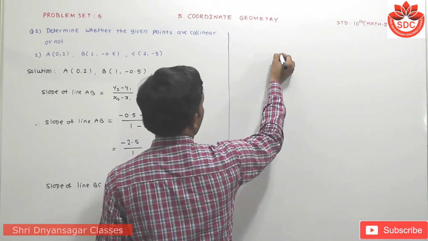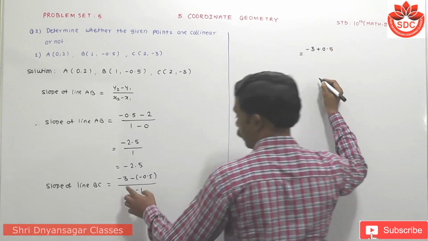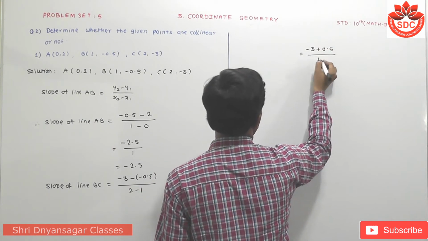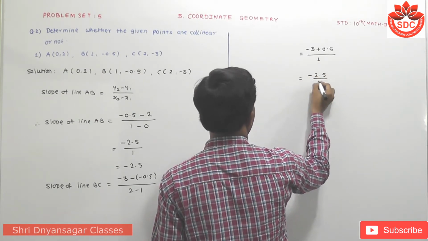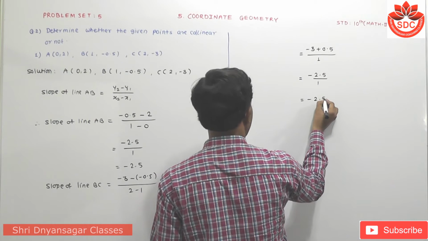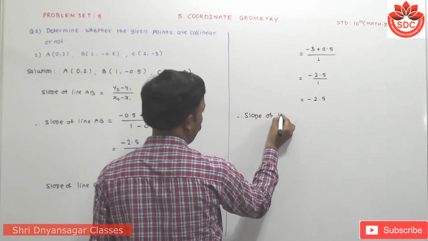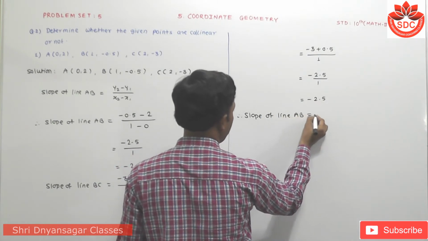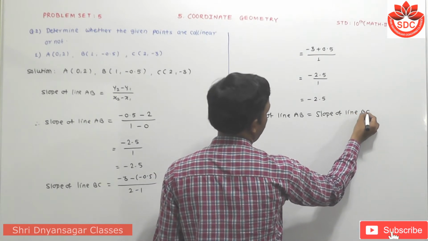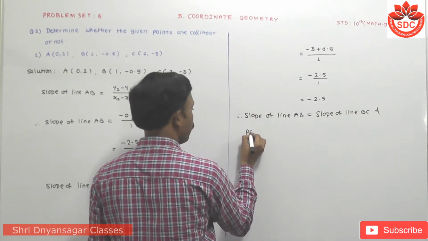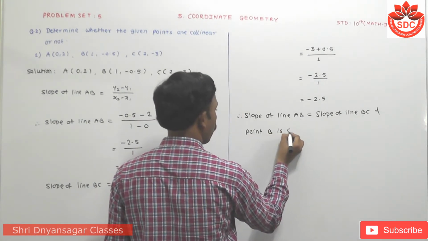Then it becomes -3 minus 0.5, upon 1, which is -2.5 upon 1, which means -2.5. So, students, the slope of line AB is equal to the slope of line BC, and point B is the common point.